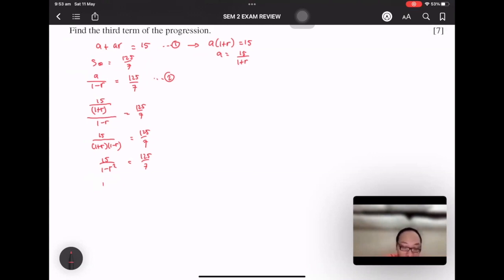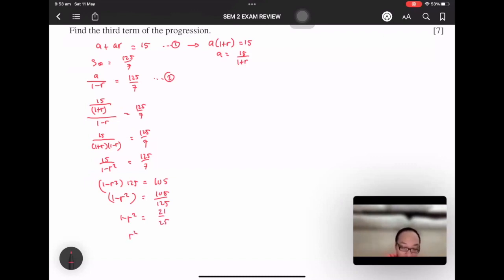So 1 minus R squared times 125 equals 15 times 7, 105. So 1 minus R squared equals 105 divided by 125, which is 21 over 25.